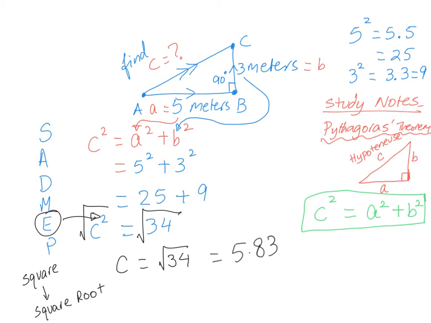So this length C is 5.83. So whenever we have an incline like this, we can use the distance formula using the Pythagoras theorem.